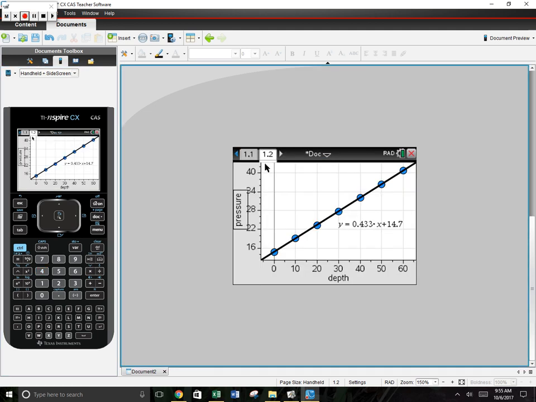So click on that and it will come up with a model based on the data that you've plotted. So this linear regression, I'm going to write it down: y equals 0.433x plus 14.7.